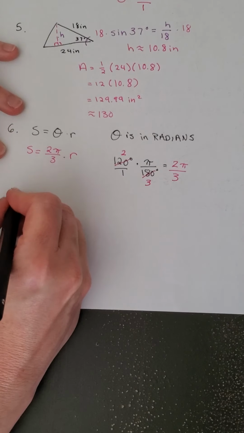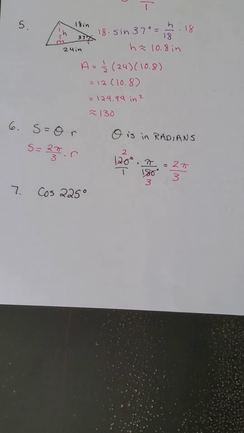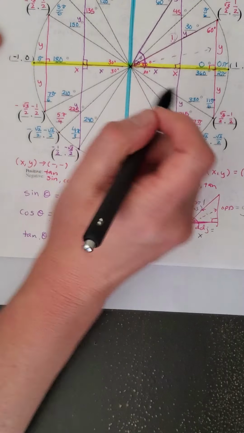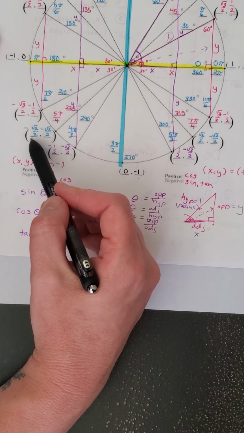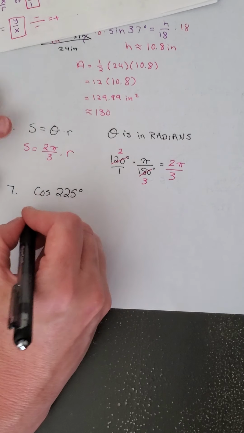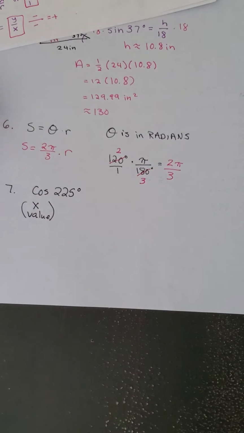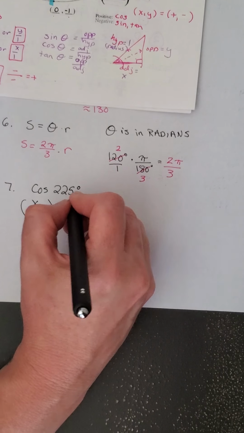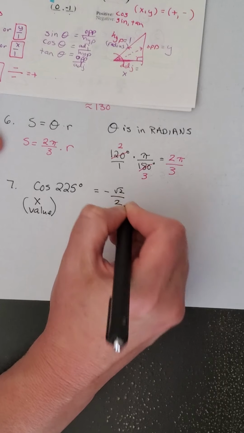So number 7, cosine 225 degrees. On your unit circle, if we go to 225 degrees, we're right here, and cosine, remember, is our x value. Okay, so our x value right there is negative square root 2 over 2.